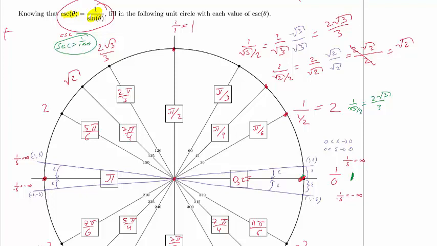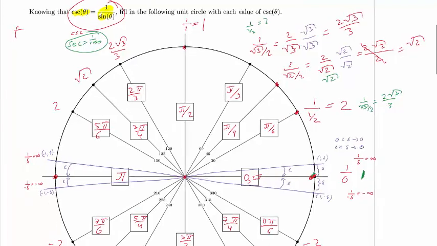And then, of course, the x value here is root 2 over 2. And note that will be the same thing. For this point here, we'll have 1 divided by 1/2, which of course is simply 2.